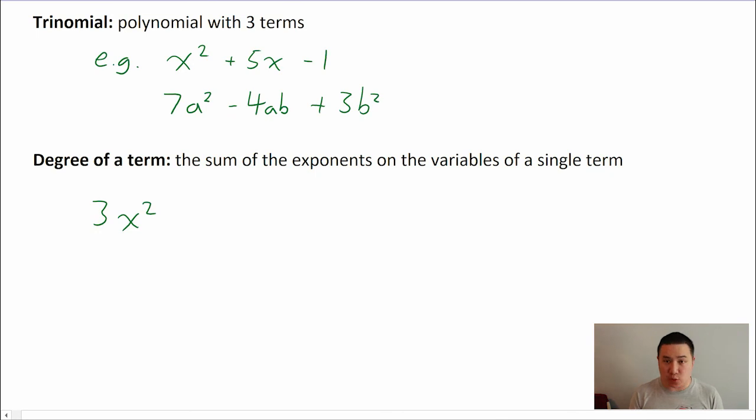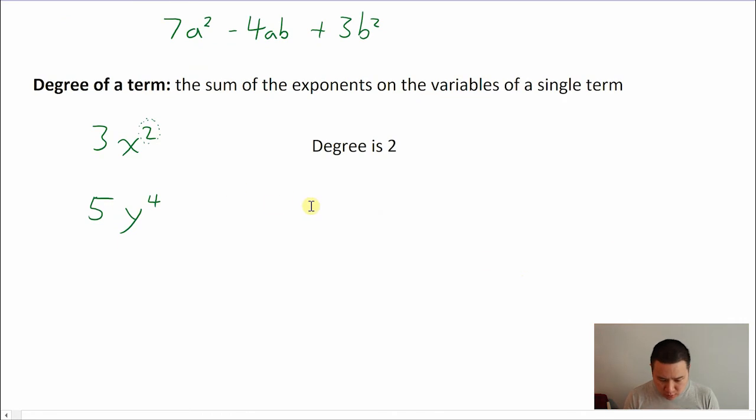Let's take a look at 3x squared. There's only one variable here, it's x, and there's only one exponent on it, the 2. So looking at this exponent here, the degree is 2. Let's do another one: 5y to the power of 4.